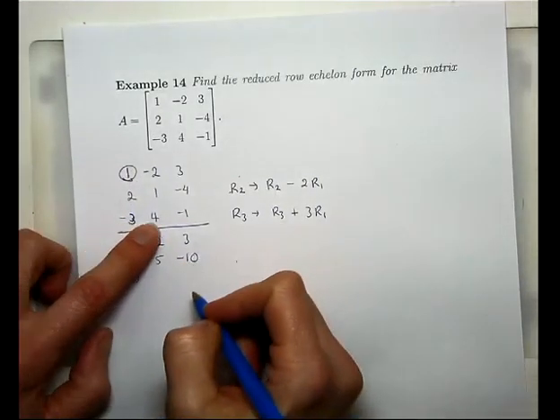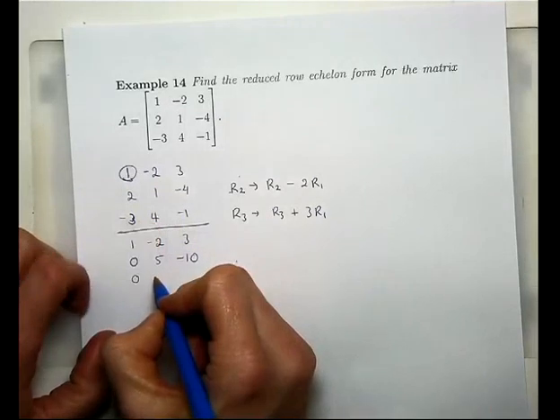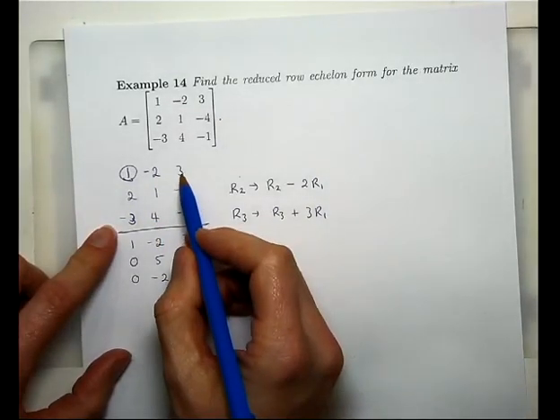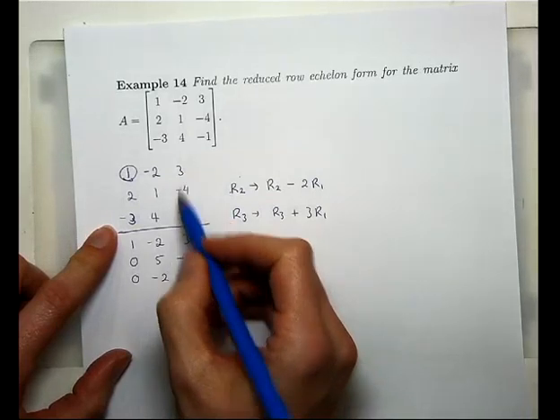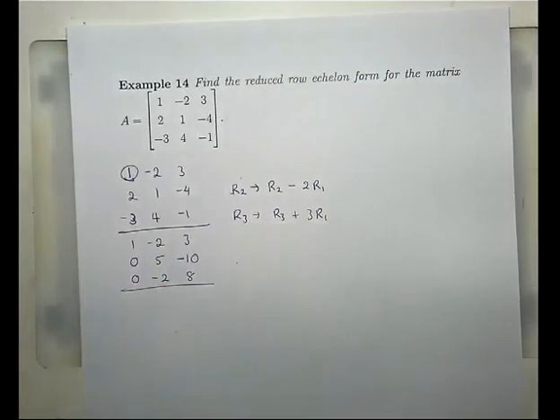So minus 3 plus 3. 4 plus 3 of those gives me 4 minus 6. Minus 1 plus 3 of those gives me minus 1 plus 9. That's 8. And that's one lot of working. Okay?